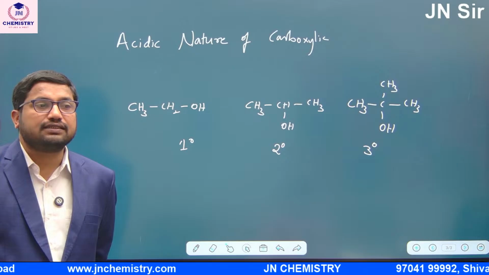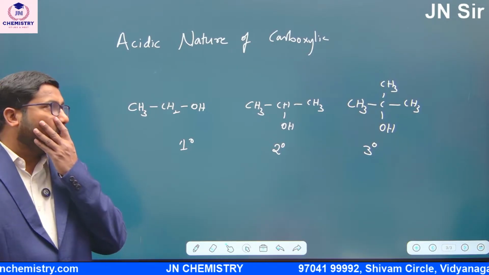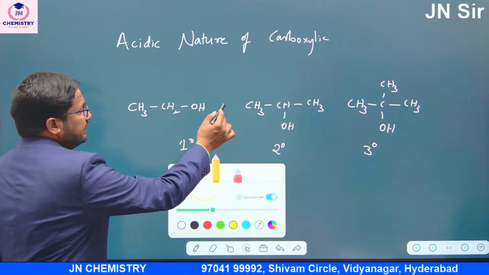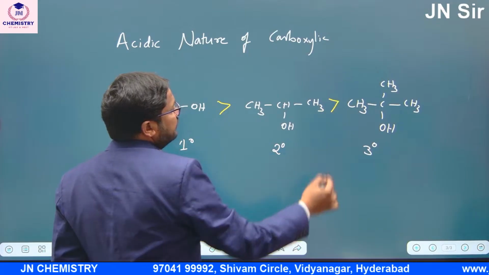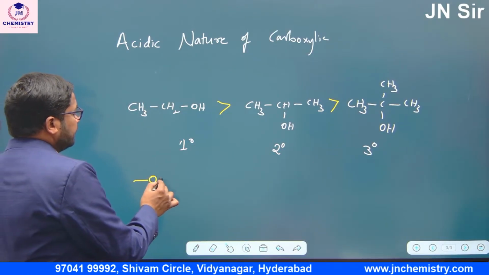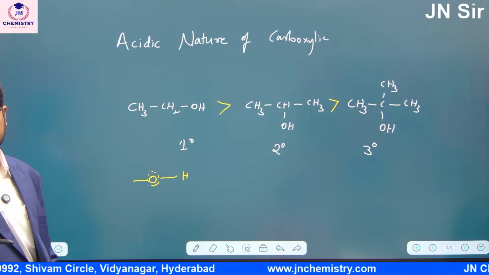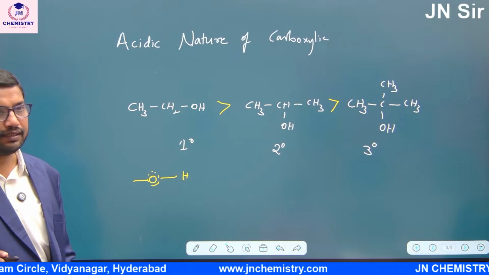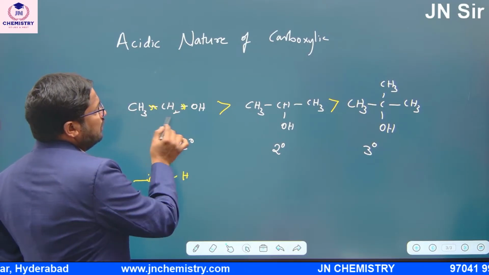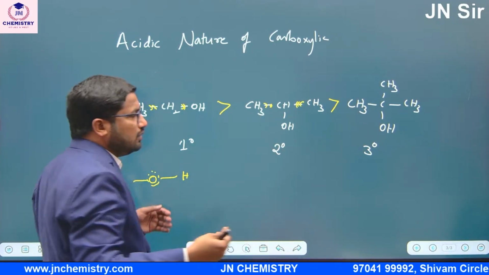Okay. Any other answers? Primary. So primary is more acidic than secondary, than tertiary. Why primary? I told you the same reason. At oxygen, the electron density should be less, and that is more acidic. In this case, 2 plus I groups, but in this case what exactly? Both are additive effects.